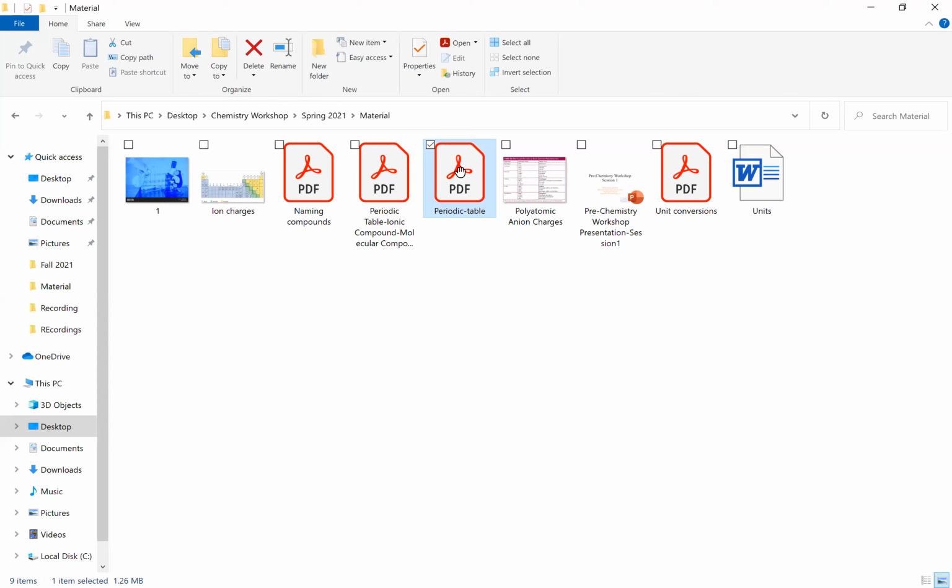I'm sorry, Professor, but we can't see the table on your screen. Yeah, the screen is frozen. It's frozen? Yes, Professor. We cannot see anything. Can you see the element and compound screen? No. All we see is your files open screen. Okay, so stop sharing.